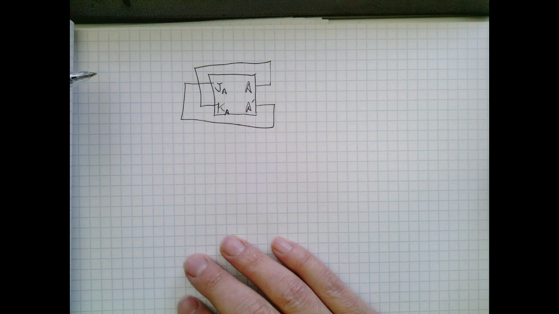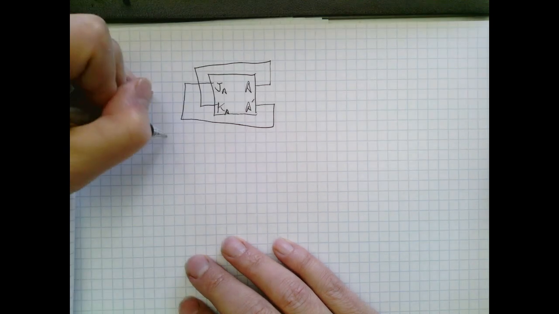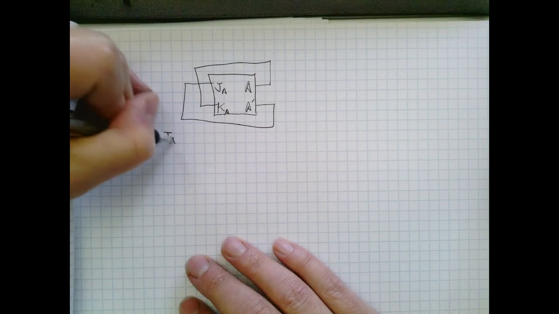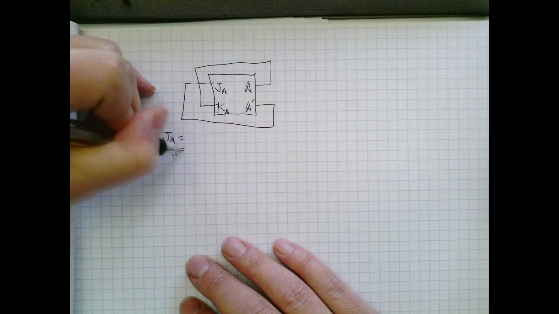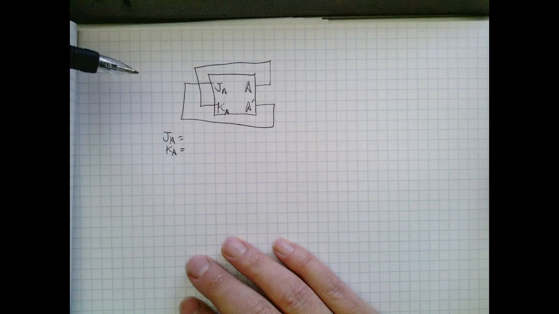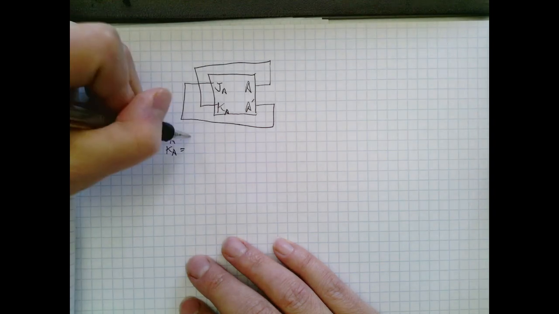What do I do to start? Kristen, what shall I do to start? Yeah, let's do it. So I know JA and I know KA. What do you think that's equal to? There you go.